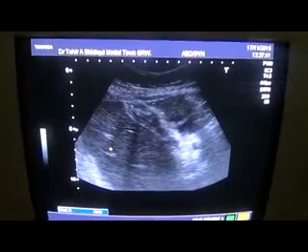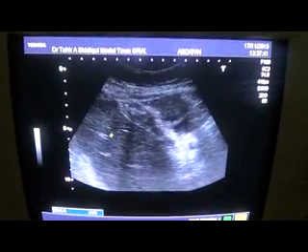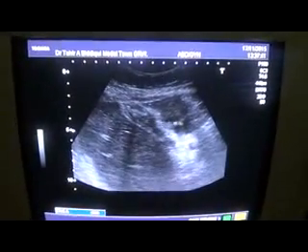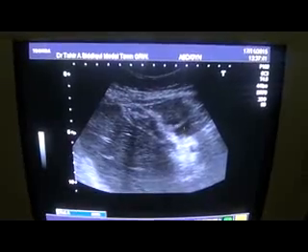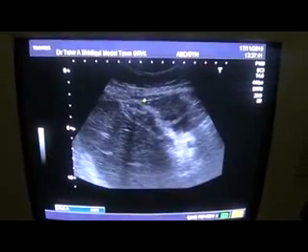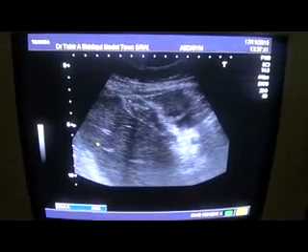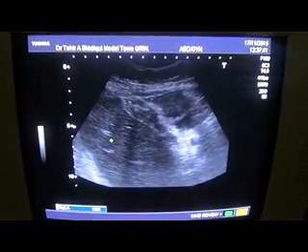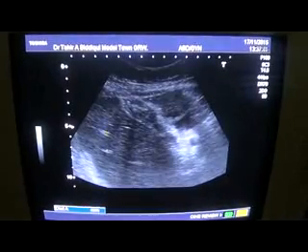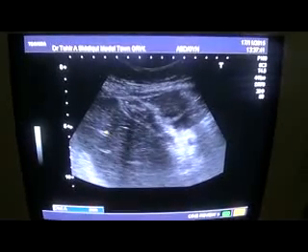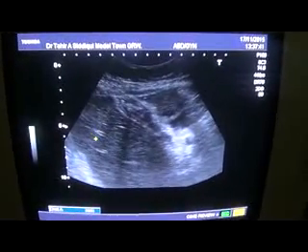These are minor portal vein radicals which are prominent, and this is a small amount of fluid around in the Morrison's pouch. So: thick wall gallbladder, and diffuse decreased parenchymal echogenicity of the liver, evident by these minor portal vein radicals. They are normally not seen, but here we can see them clearly.